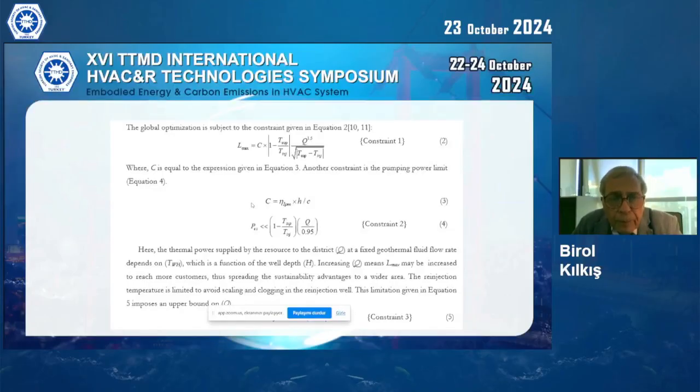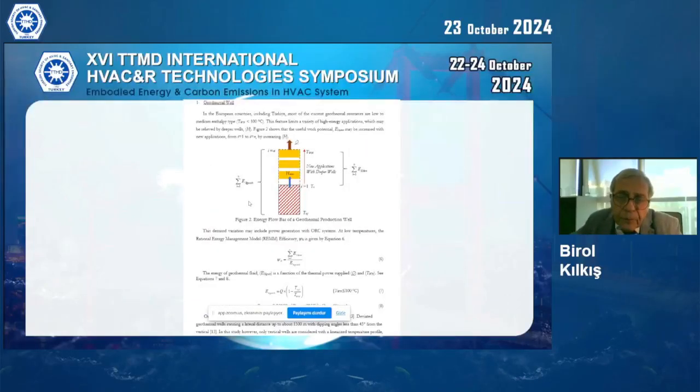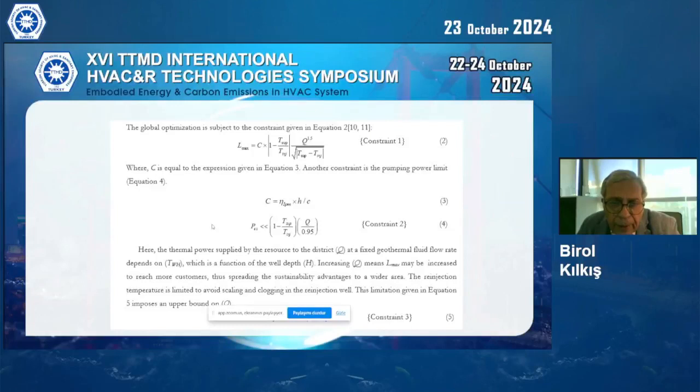The pressure head that has to be delivered by pumps must be less than the exergy of the heat delivered. 0.95 is actually the maximum exergy that can be obtained in electric generation, for example. The supply temperature, as you see, is important to define your delivered exergy. The injection temperature is almost fixed; the minimum temperature is about 40 degrees Celsius. So we have to pay attention to these cases a little bit.